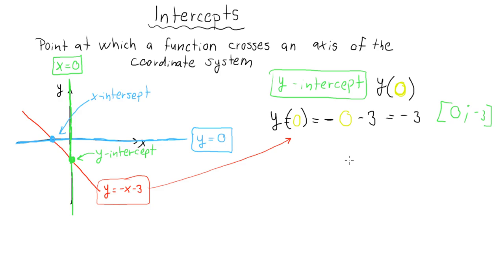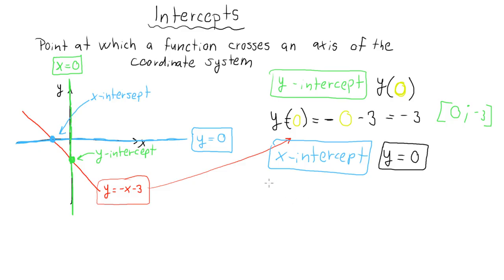How do we determine the blue point, the x-intercept? We will use the fact that we have to find a value of x such that y equals 0.